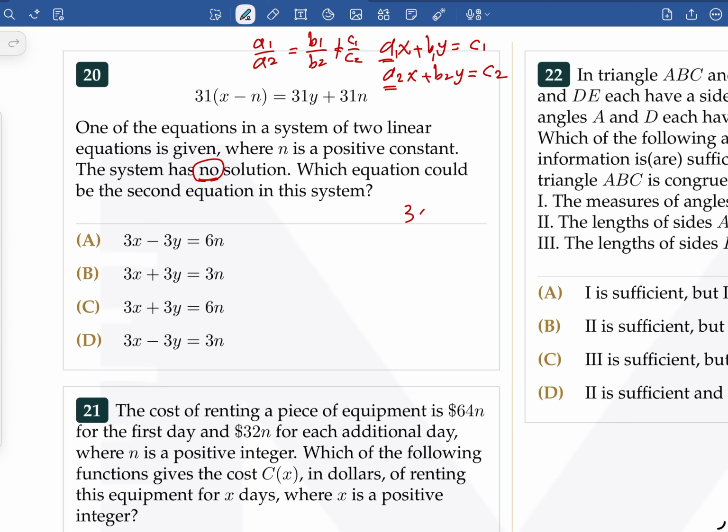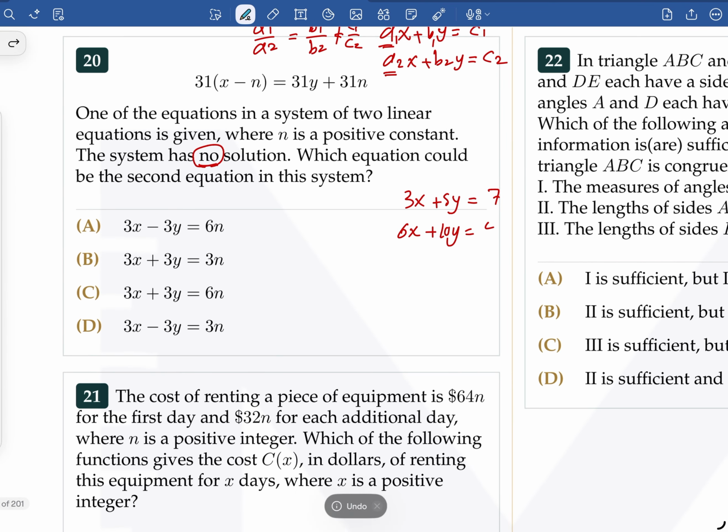For example, 3x plus 5y is equal to 7, and maybe you can write 6x plus 10y is equal to 4. Now 3 over 6 is half, 5 over 10 is half, but 7 over 4 is not half. This means they have no solution, or they are parallel lines.